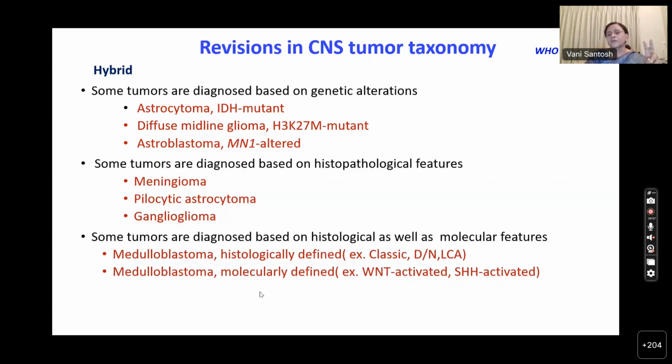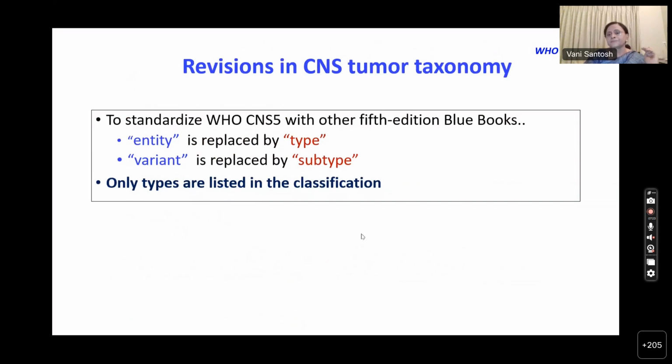We have two groups in medulloblastoma, a histologically defined group which has all these tumor subgroups such as classic, the desmoplastic nodular, the large cell anaplastic, and we have this molecularly defined medulloblastoma which has the subtypes such as the Wnt activated, SHH activated, and others. So these are diagnosed based both on histological as well as the molecular parameters, and that is the reason this classification is a hybrid classification.